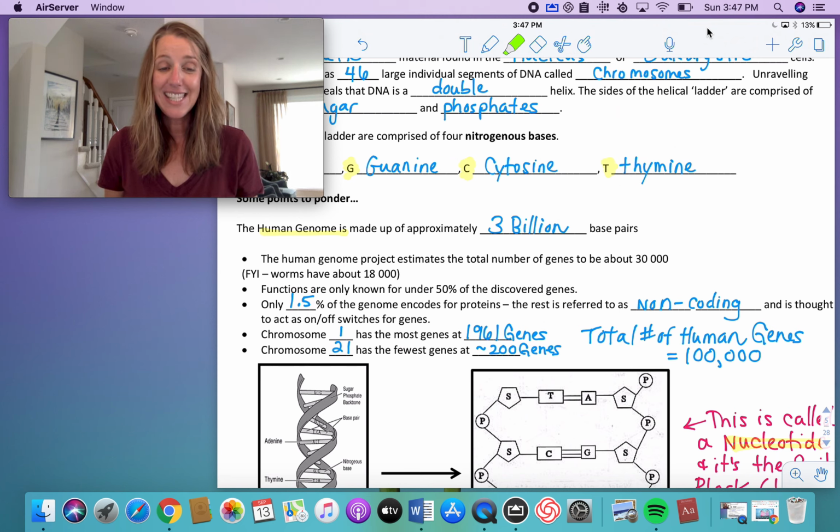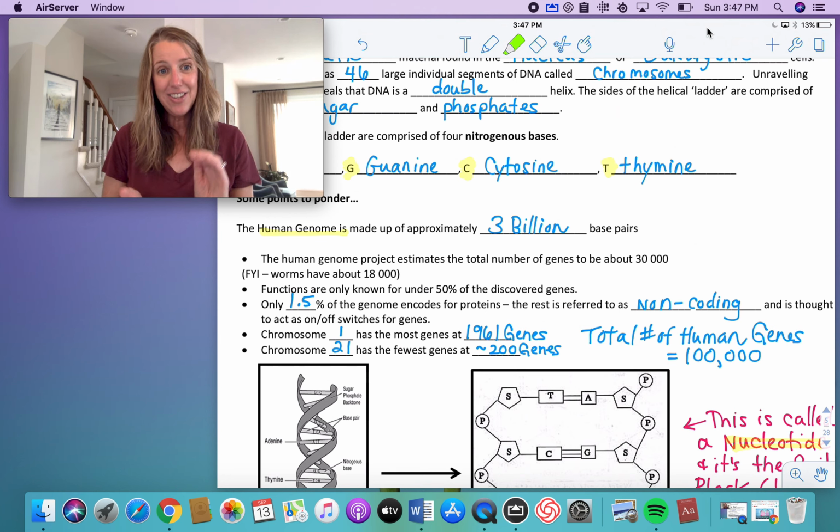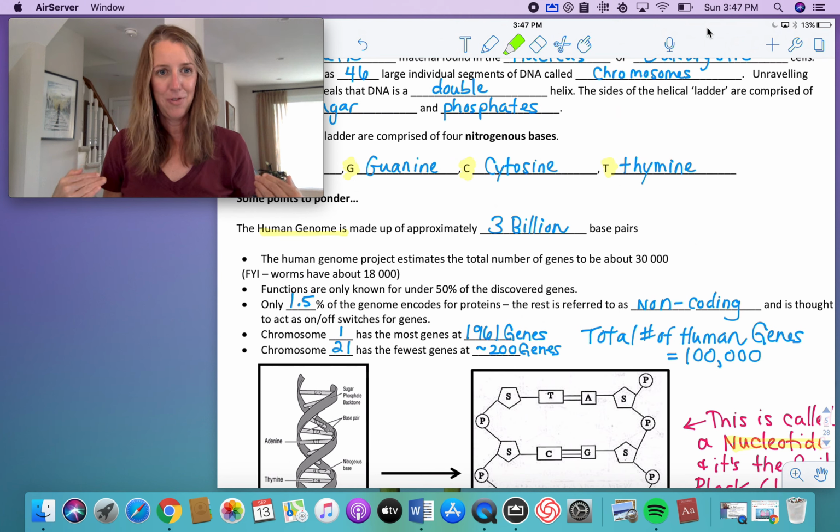What does that tell us? It tells us that these molecules are very, very small, especially if you think about the fact that they have to fit inside the nucleus, inside every single cell, and your body is made up of trillions of cells. We're talking really, really tiny cells.